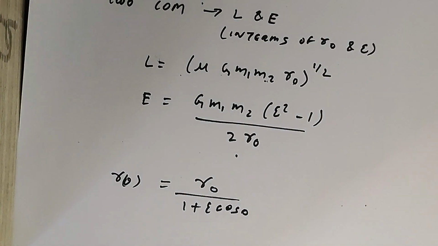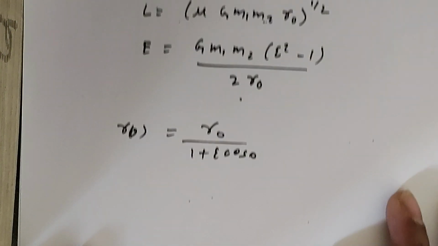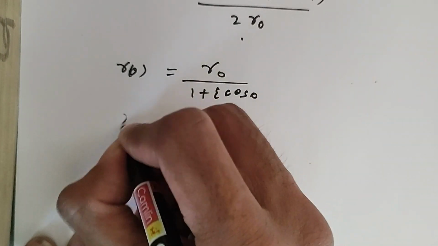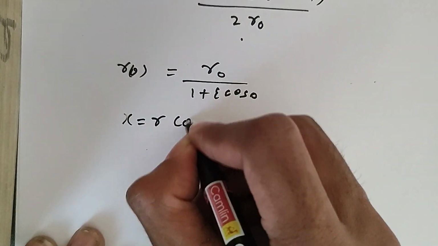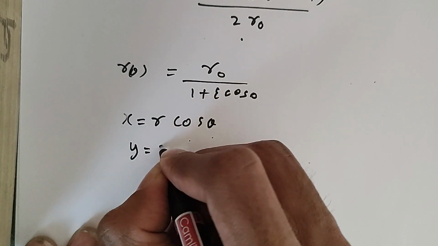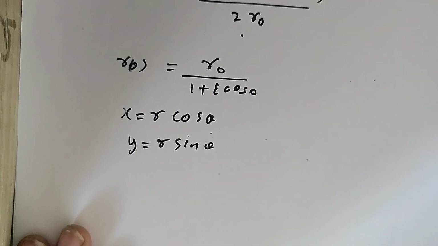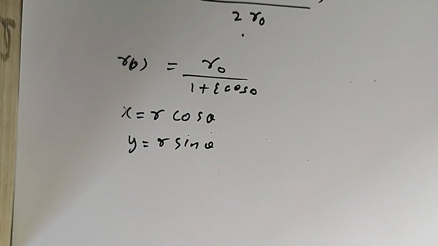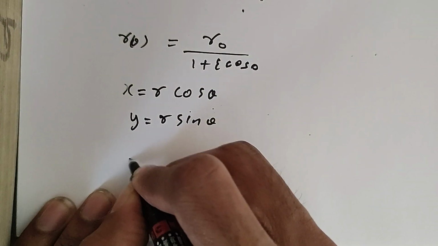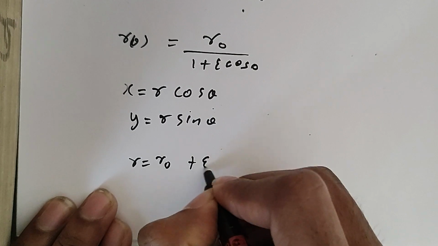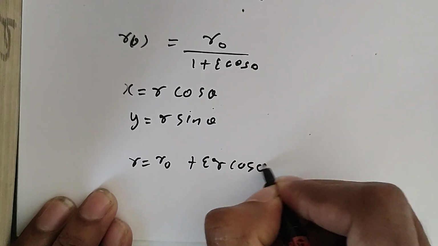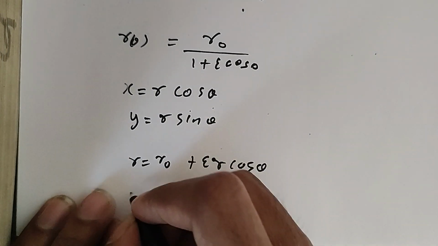So I can readily show it to you in the Cartesian form, which doesn't take much longer. So x is R cos theta and y is equal to R sin theta. That's exactly how we proceed in converting the coordinates to the Cartesian equation, and we do R equals R naught plus epsilon R cos theta.